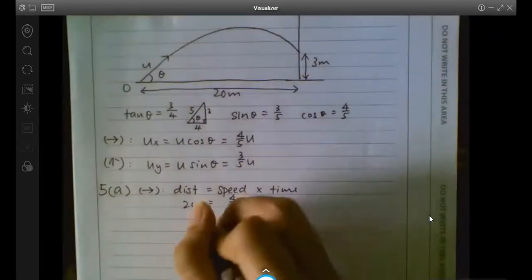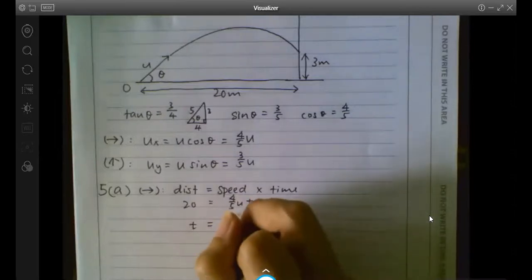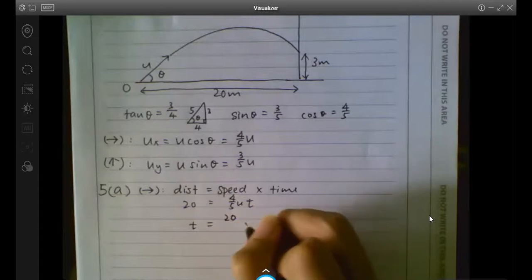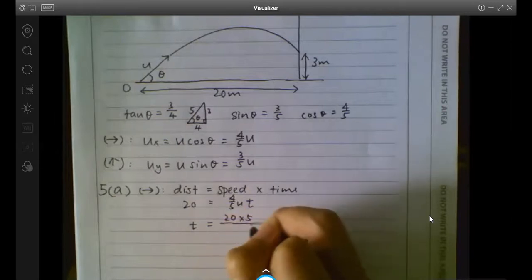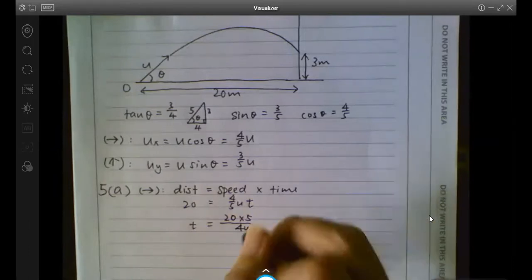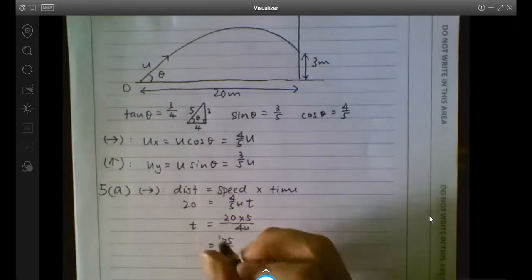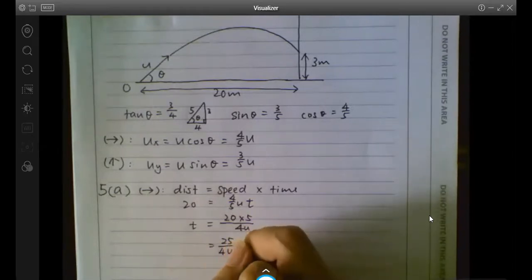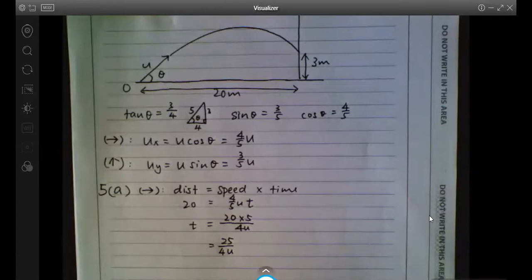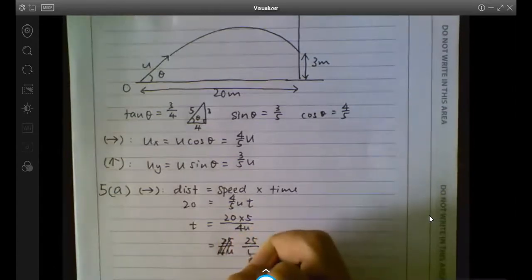That should give us t equals 20 times 5 over 4u, which is 25 over 4u. I'm sorry, 25 over u. I've cancelled it.